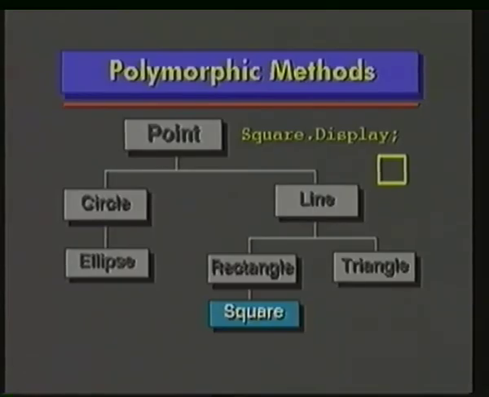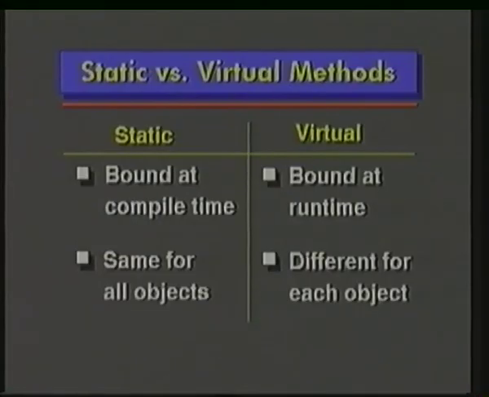But display is no ordinary static method. Display is a special kind of method used specifically to implement the property of polymorphism in object-oriented programming. This kind of method is called a virtual method, and we've already given a hint of what we mean by virtual when we referred to an ordinary method as static.